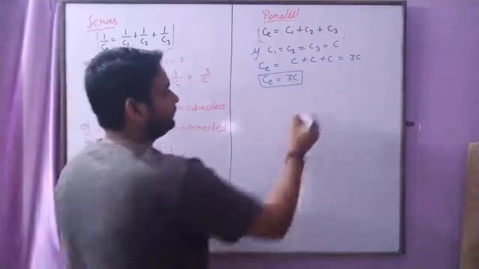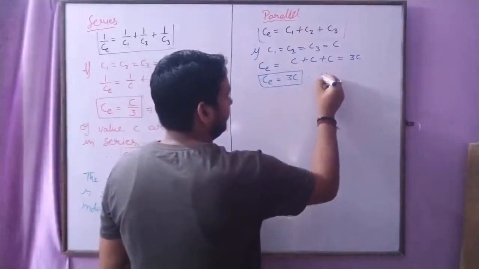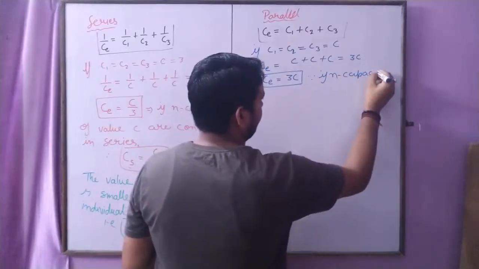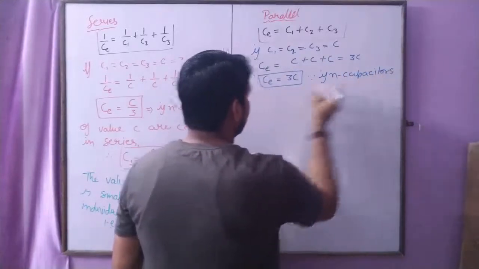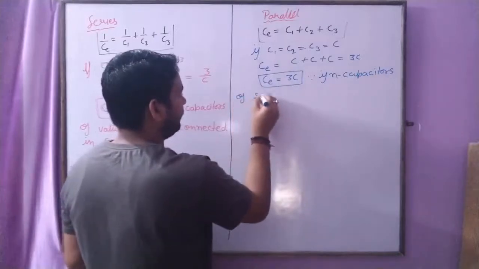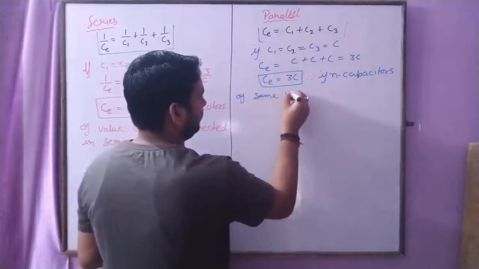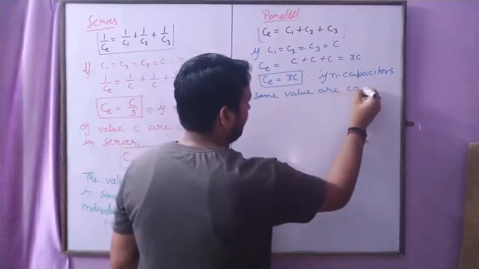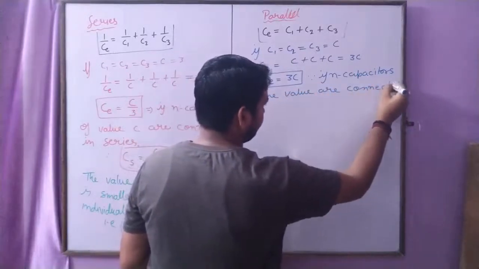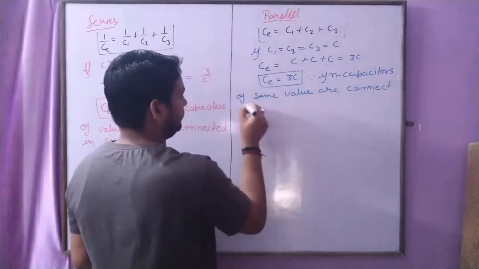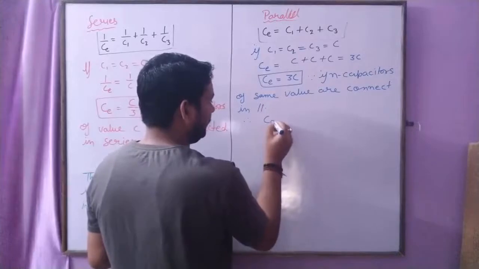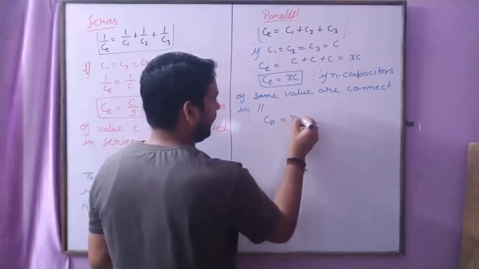Again, if n capacitors of the same value are connected in parallel, therefore Cp is equal to nC.